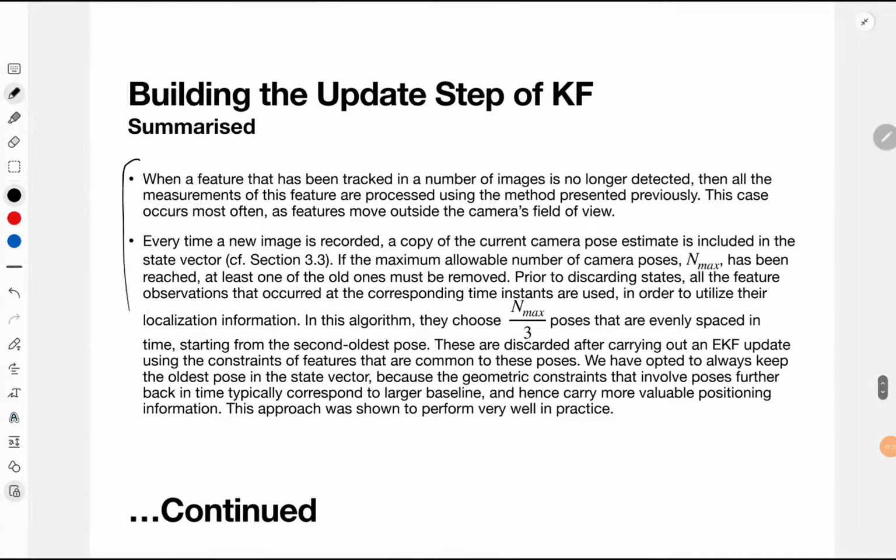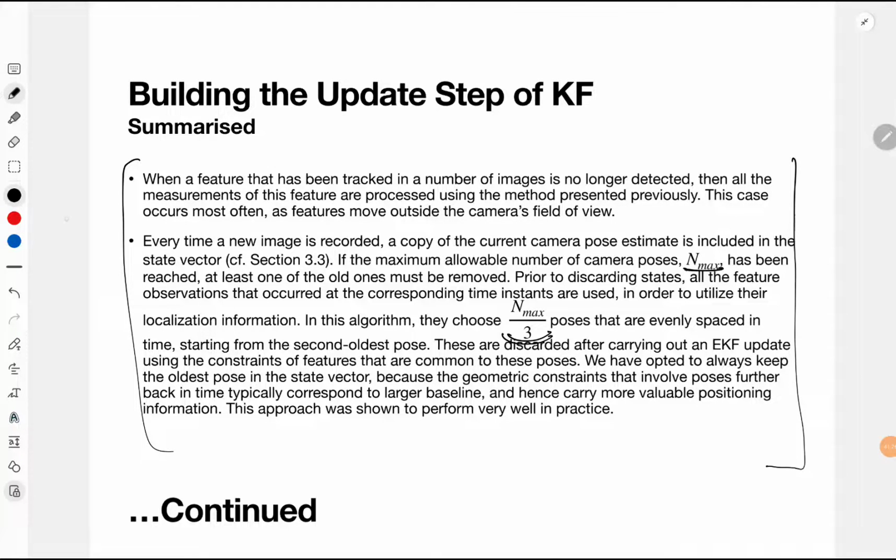So these are just some summarized, important things of note that the original MSCKF used in the implementation. You can read these up. They talk about the maximum number of camera poses that you're carrying and what happens when you go over this maximum number of camera poses.